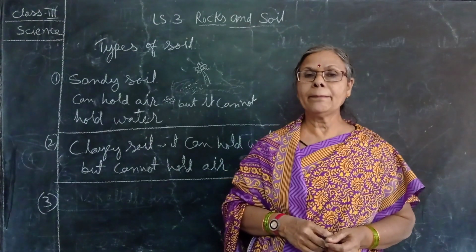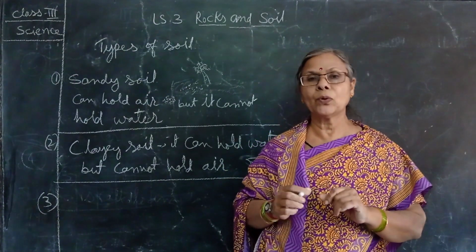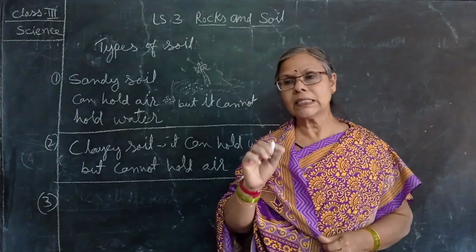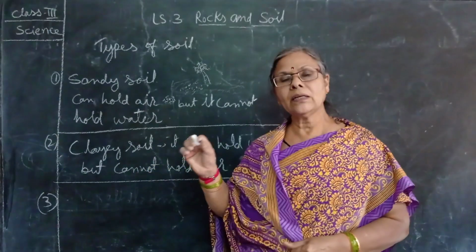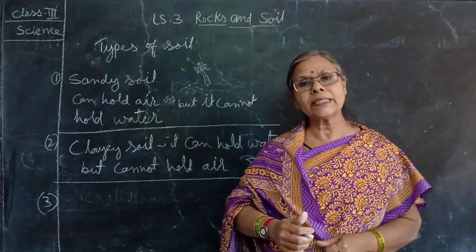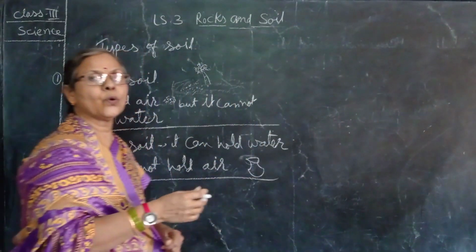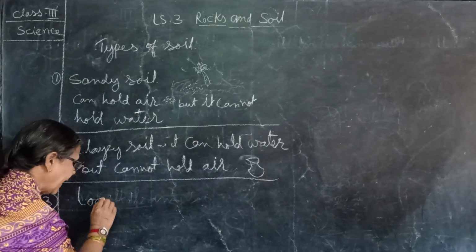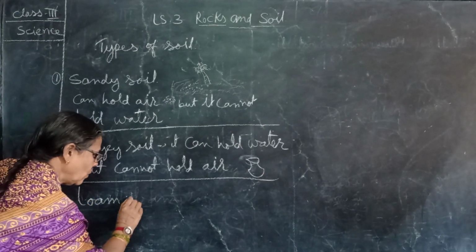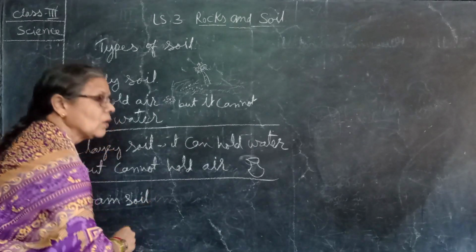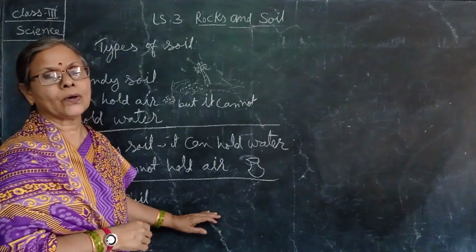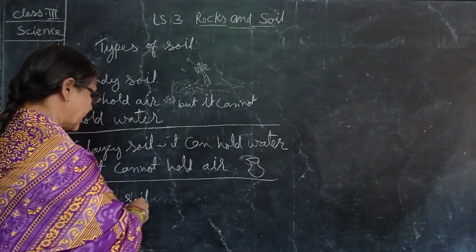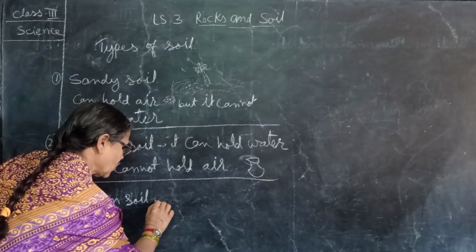Why? Because sand and clay both are there. In sandy soil, there are spaces between the particles, and clay soil is very sticky. If you mix both, it can hold water. Loam, L-O-A-M, is a good soil for plants. It has a good texture to grow healthy plants.